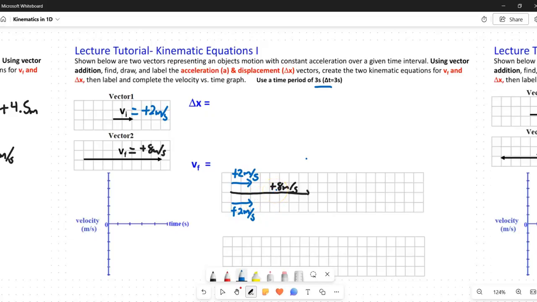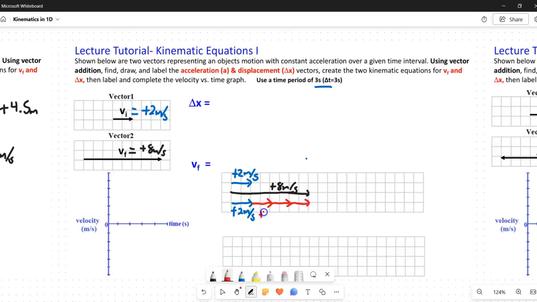And we need to add 3 of them. There is one, so we got 1, 2, 3, 4, 5, 6 vectors. If we take 6 divided by 3, then we get an acceleration vector that is going to be positive 2.